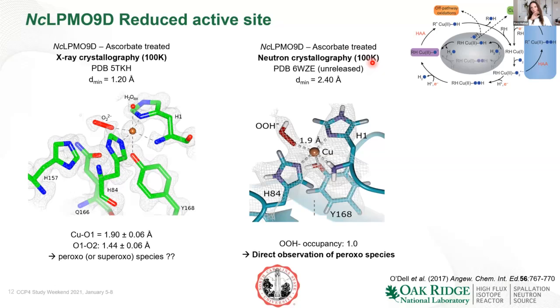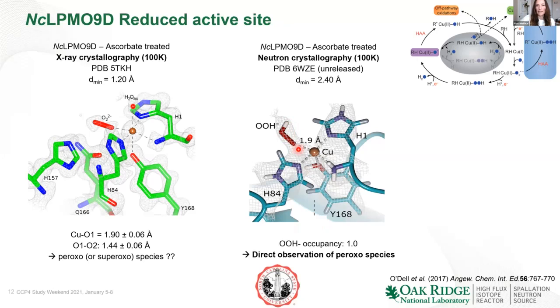And in this case, in order to trap this intermediate and reduce thermal disorder, we collected a structure at 100K. And now we are able to model this oxygen species as a superoxo species. And now we have an occupancy for that superoxo species of 1.